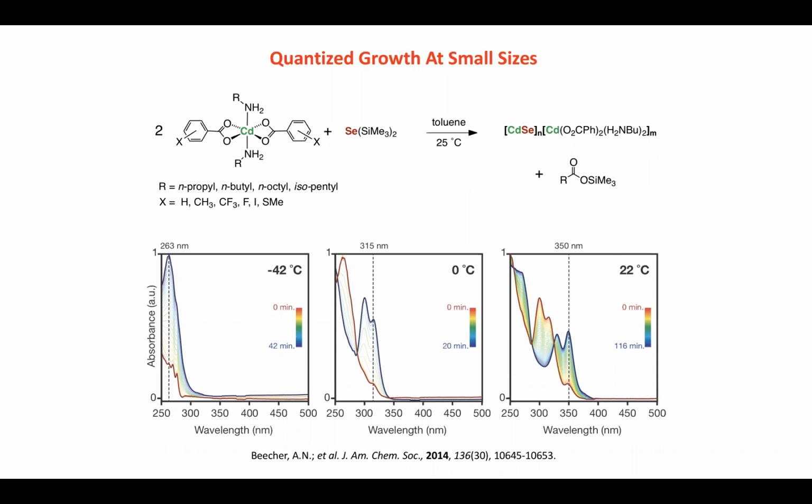So if you monitor this reaction at very low temperatures, compared to a typical quantum dot synthesis, which is conducted near 300 degrees, you see very well-defined jumping behavior. So at minus 40 degrees, the spectrum of this starting material is replaced with a much stronger absorbance. That process takes about 45 minutes to take place.